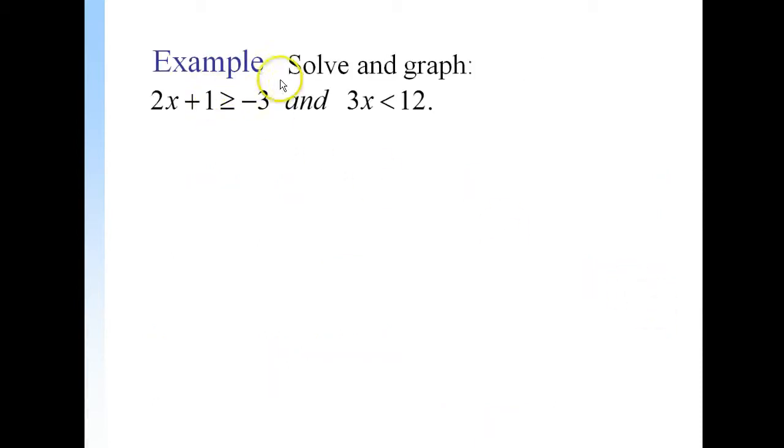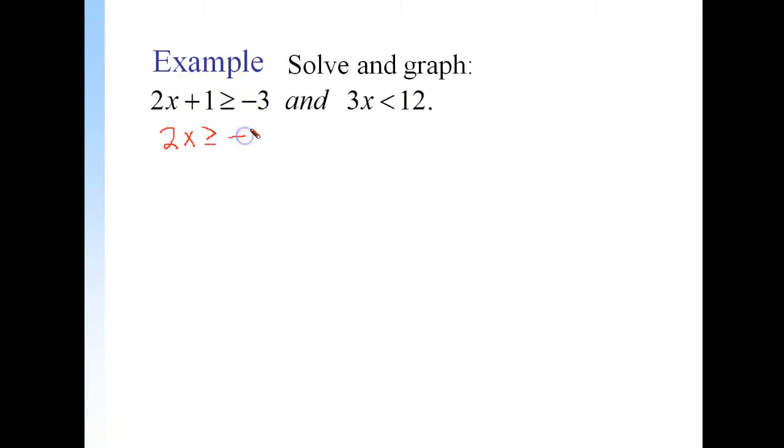Now here they're asking us to solve and graph. So that's what we'll do. So for this first one, and we've gone over some of the techniques, 2x is greater or equal to, I'm now going to transpose this positive 1 to the other side.